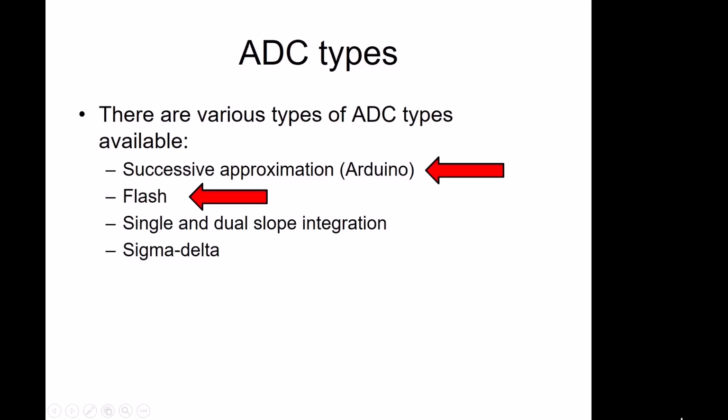In terms of the analog to digital converter, we have lots of different options. We'll have a look at two in this video: the successive approximation, which is what the Arduino uses, and also the flash. But there are other options available.